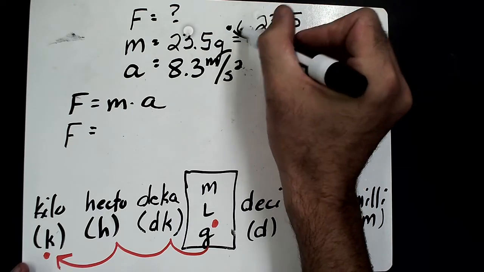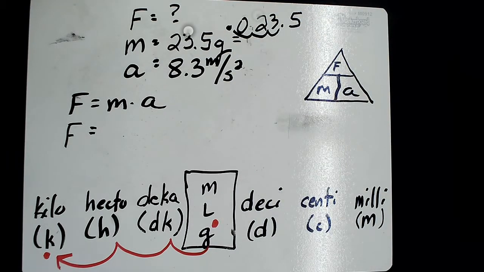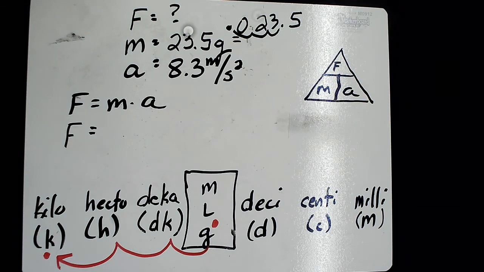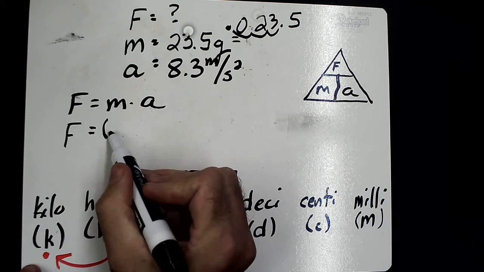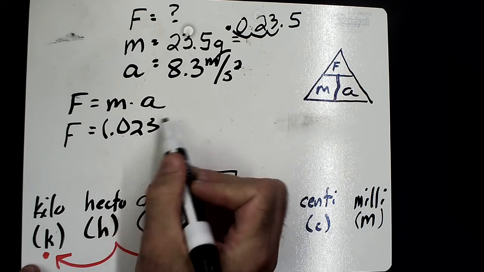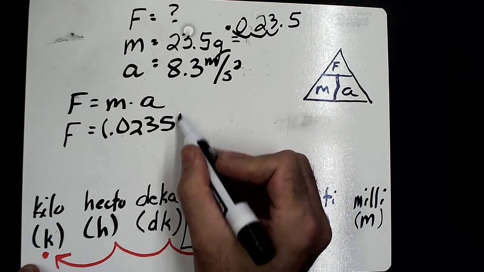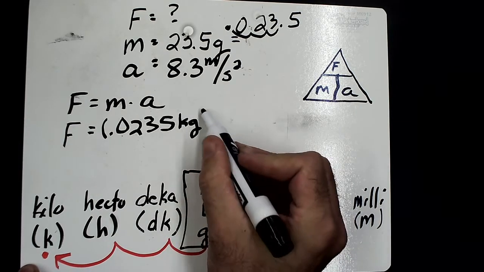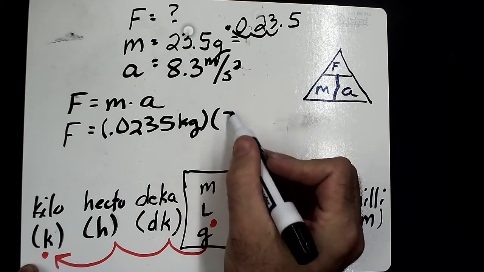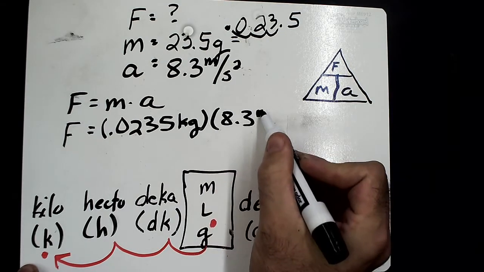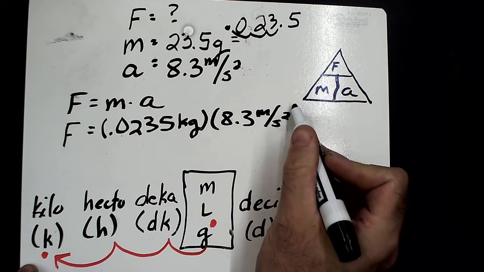I put a decimal. I put an egg in the cup. And there we go. Okay, so right there I've got 0.0235 kilograms and times 8.3 meters per second squared.